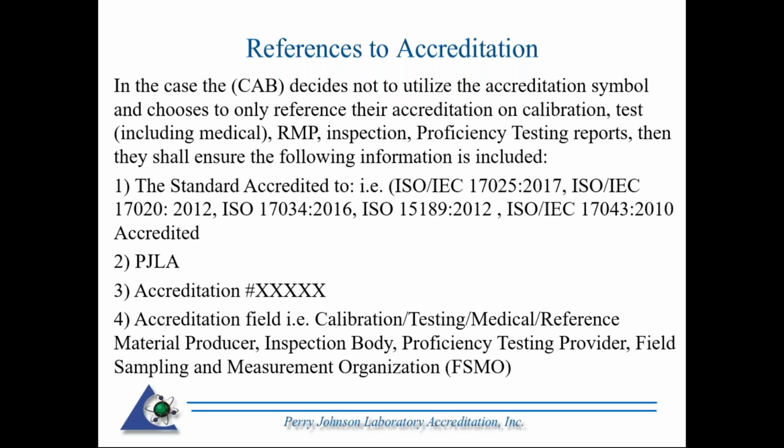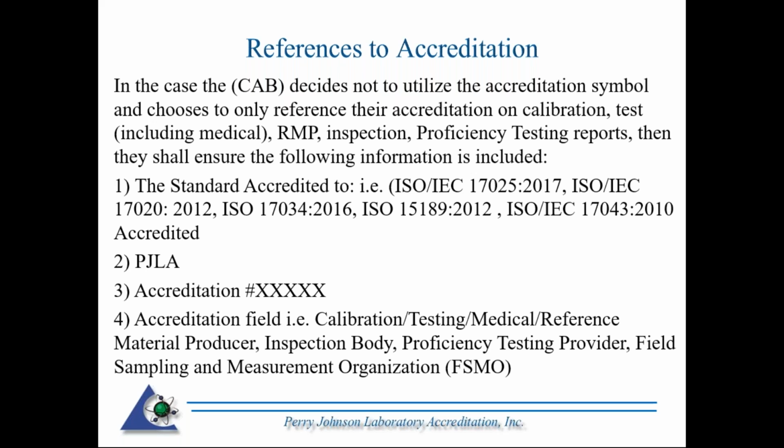So if you want to reference the standard, you have to reference the whole shebang, ISO IEC 17025, and of course with the year. Currently that's 2017. There's some of our other standards: 17020 for inspection, 17034 for reference materials, and 15189 for medical labs. You have to reference the whole standard. You reference the accrediting organization, PJLA.